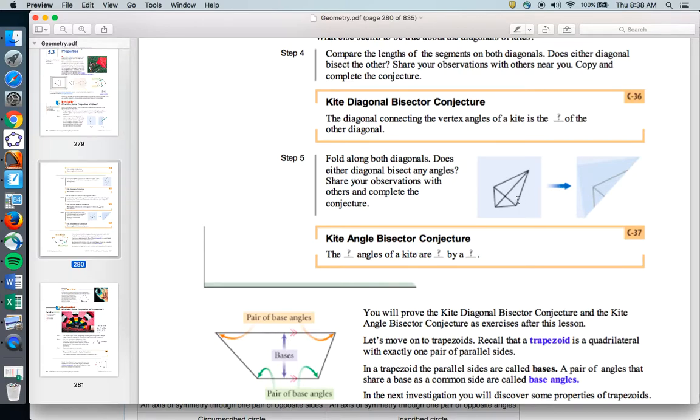And actually what happens is, we know that these are congruent. We know that this is congruent because it's itself, so we got those two. We know that this is 90 degrees.